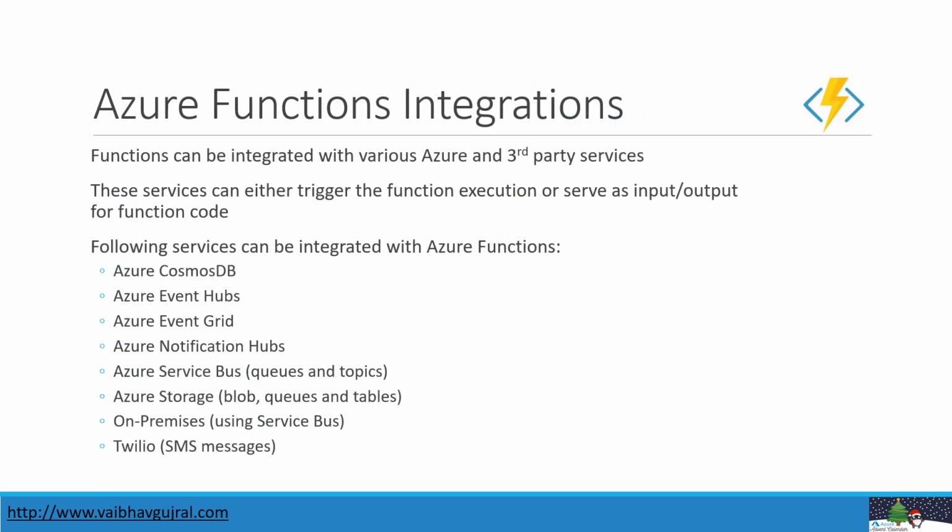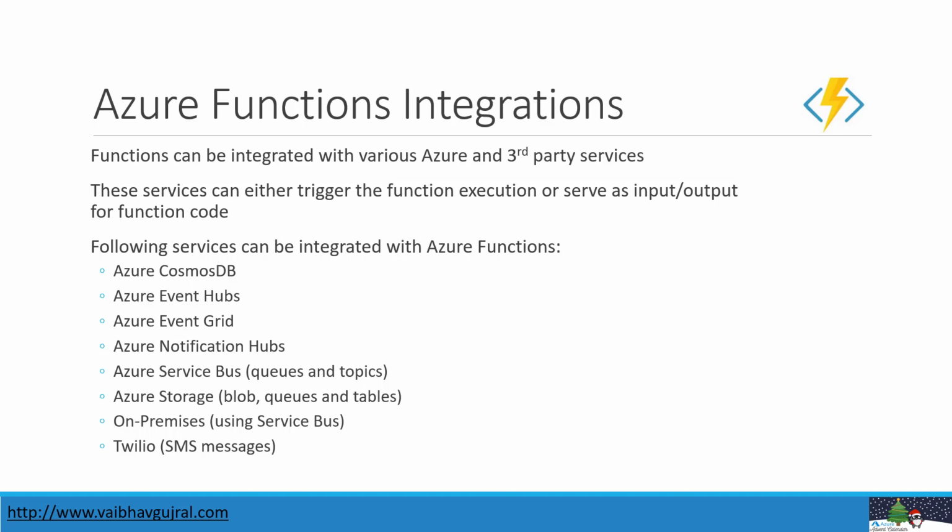Since functions are part of Azure ecosystem, they can be integrated easily with many Azure services and also some third-party services. Any of these services can either trigger a function execution or they can serve as an input or output for your code.